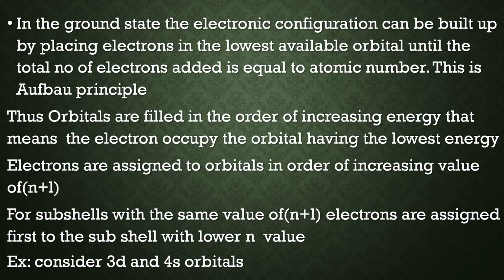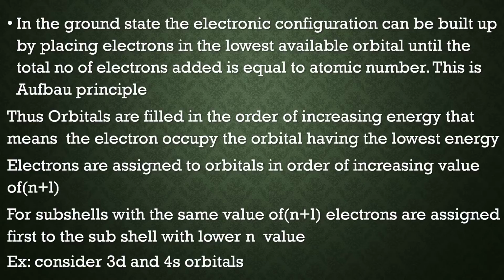In the ground state, the electronic configuration can be built up by placing electrons in the lowest available orbital until the total number of electrons added is equal to the atomic number. This is the Aufbau principle. The German word Aufbau means building up. Thus, orbitals are filled in the order of increasing energy. That means the electron occupies the orbital having the lowest energy.